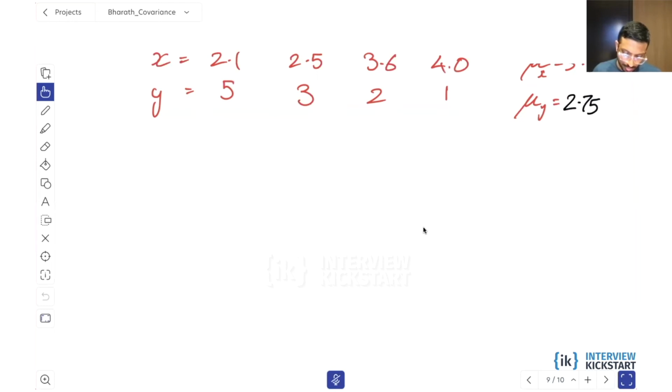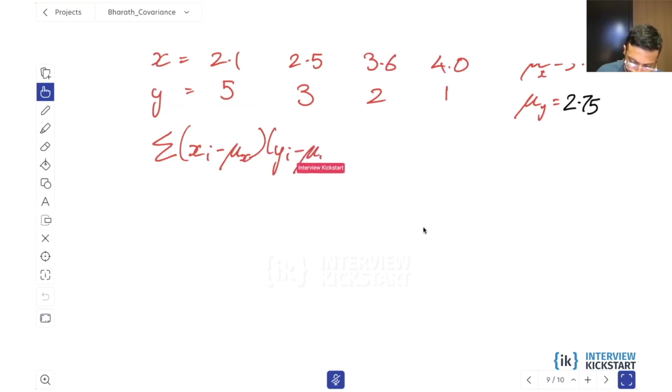All right, so how do we calculate the covariance in this case? Again, let's write our formula: xi minus mu x multiplied by yi minus mu y, the whole thing divided by n minus 1.